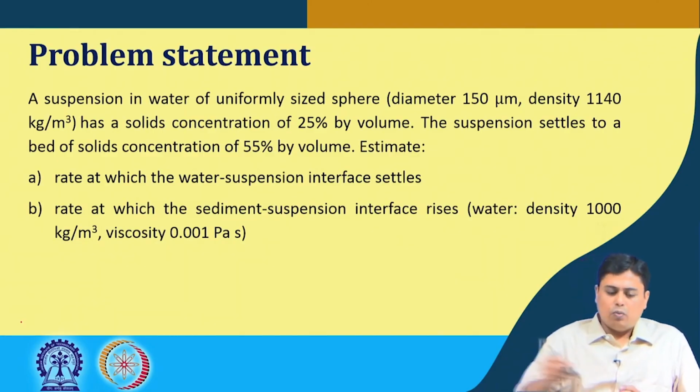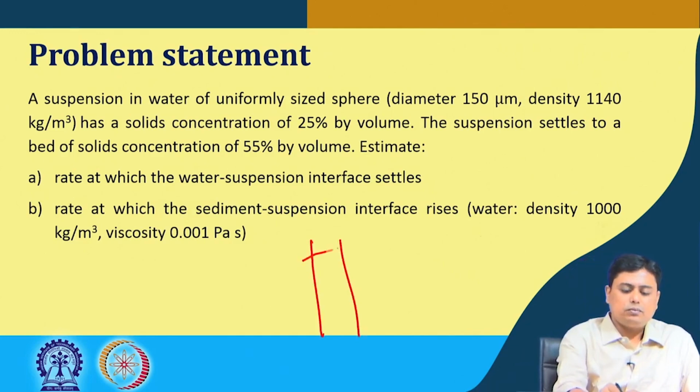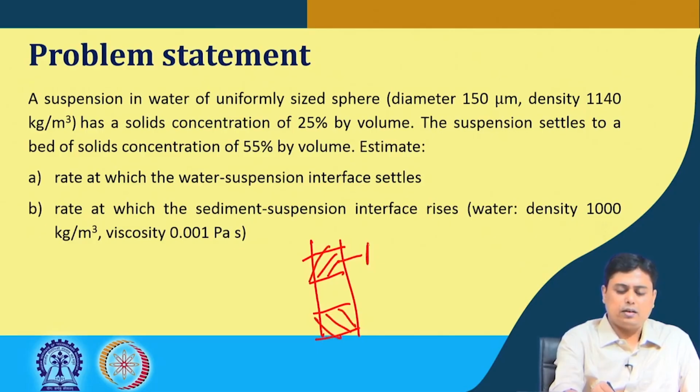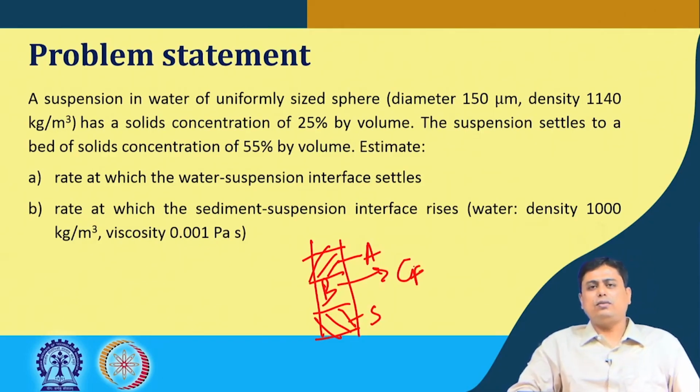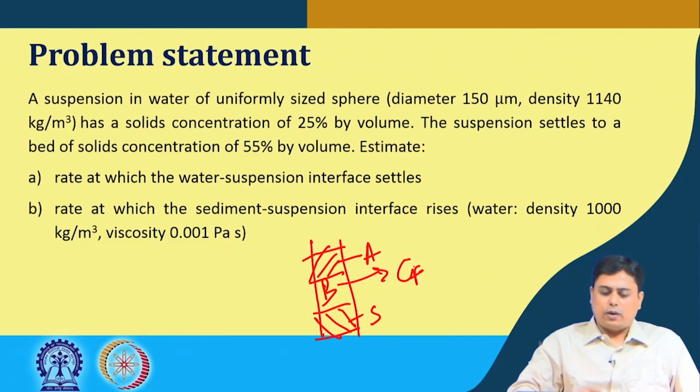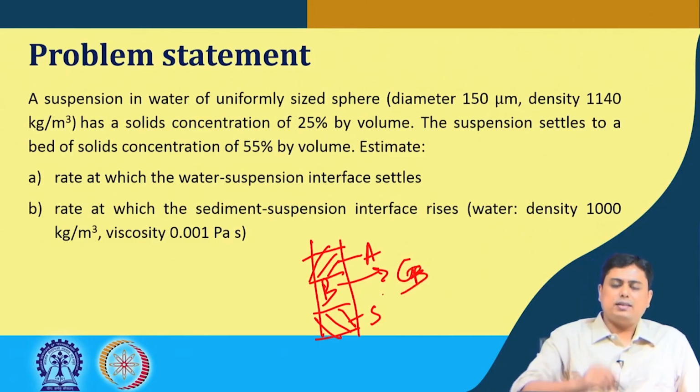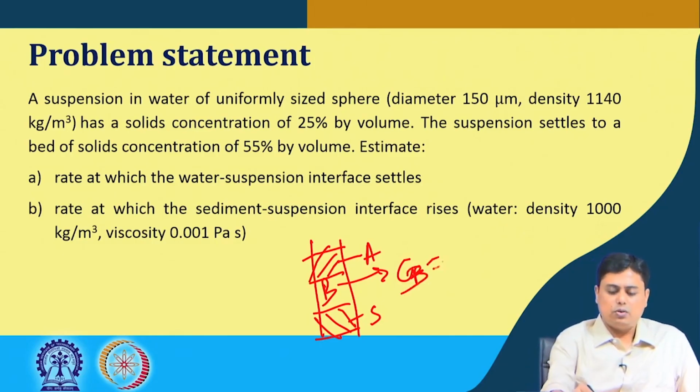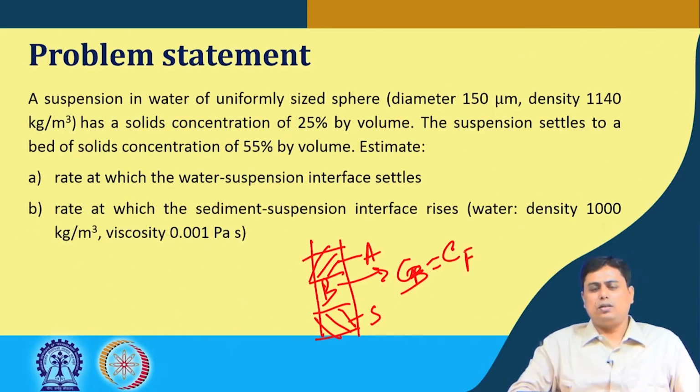So which means we had zone A, zone S, and zone B, which has the concentration that we started with, say CF, of the solids concentration, here we mention as CB. CB is equal to CF, the initial concentration.